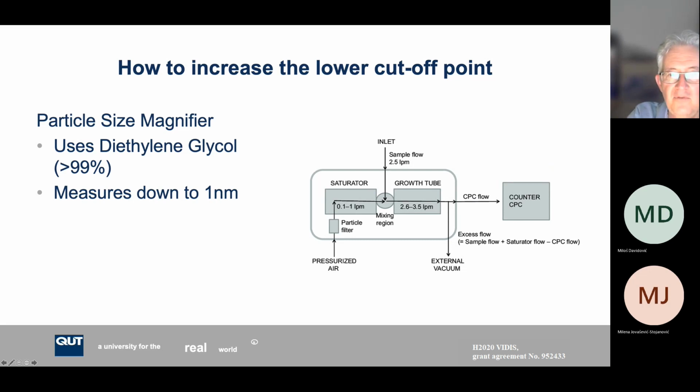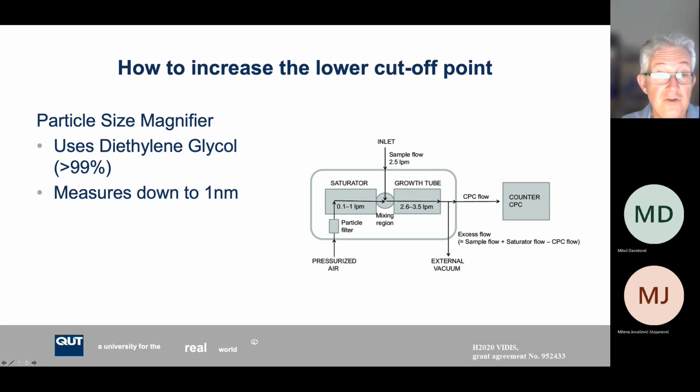And this is an example of the so-called particle size magnifier. Essentially, it's 2 particle counters in one. The first one is based on ethylene glycol. So in the ethylene glycol, you produce this supersaturated mixture, mix it with the inlet air, and particles as small as 1 nanometer grow to roughly 10 to 20, or about 20 or 30 nanometers in size.